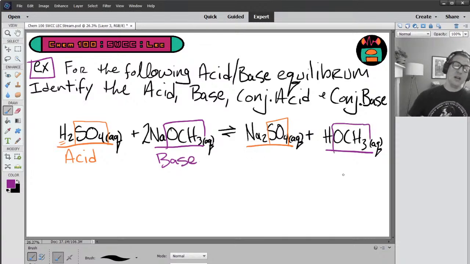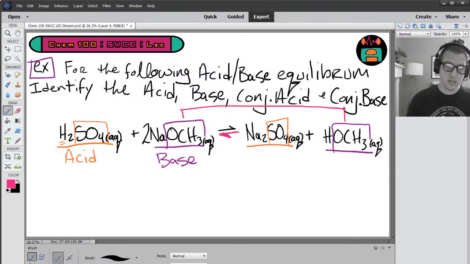All right. Now, when you're evaluating the reverse reaction, so now we're looking at the reverse. When you start with methanol and you go in the reverse direction, you have lost a hydrogen moving in this direction, right?